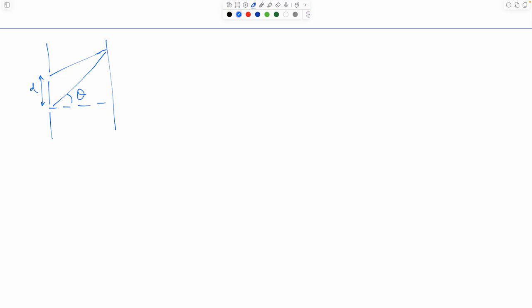The way we'll approach this question is, we'll first write the electric field at this point, which is E. So E is equal to E1 plus E2, where E1 will be just E naught cosine omega t, and E2 is E naught cosine of omega t plus the phase difference.